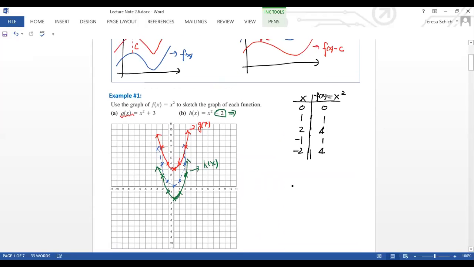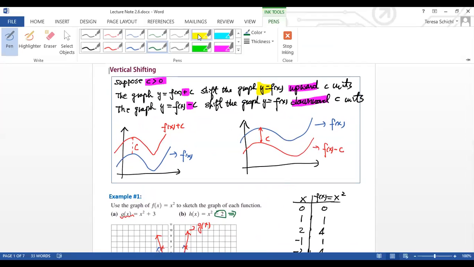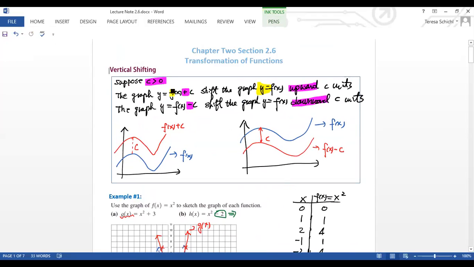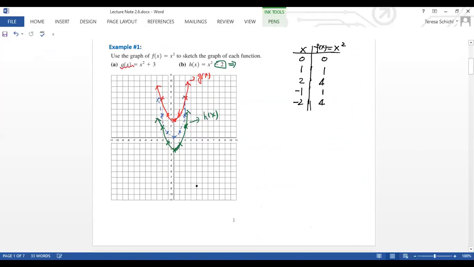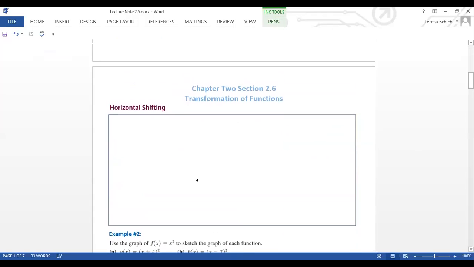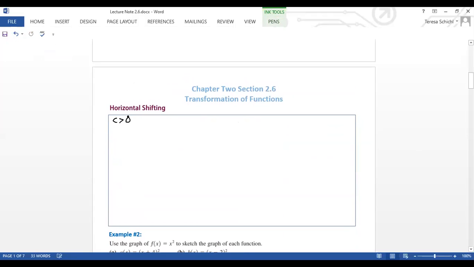Okay, that's good. And now let's take a look. The vertical here is f of x, right? So be careful, y is f of x, right? That's why the y value goes up and down, correct? Now the next thing we're going to talk about is the horizontal shift. It's the same thing here. Let's say c is greater than 0.